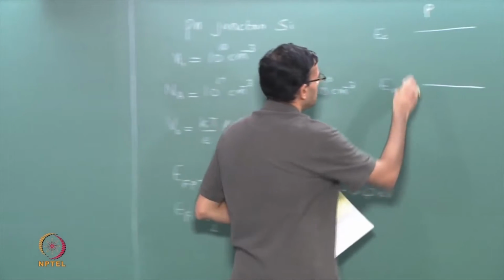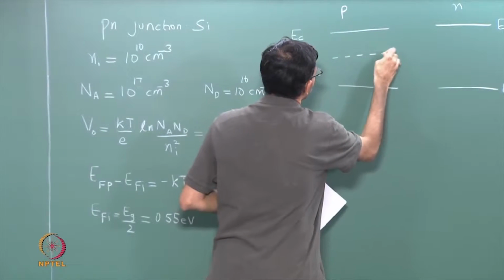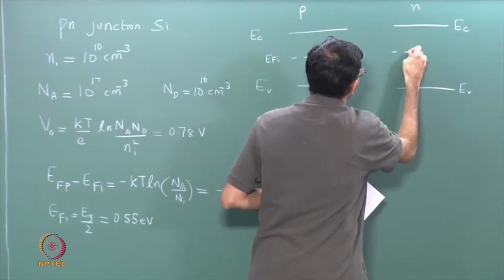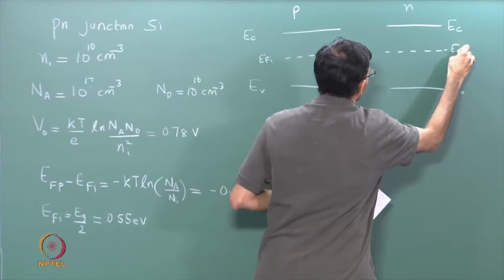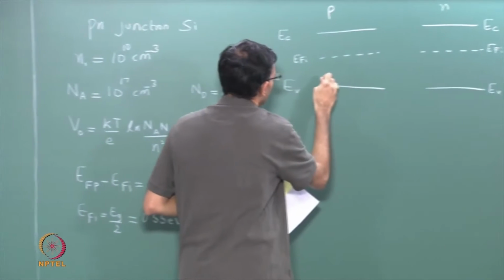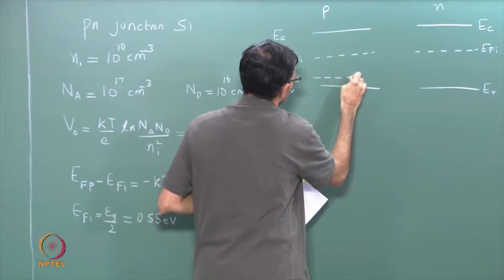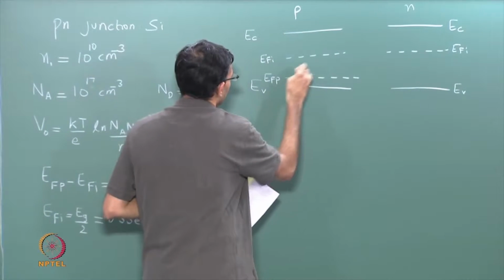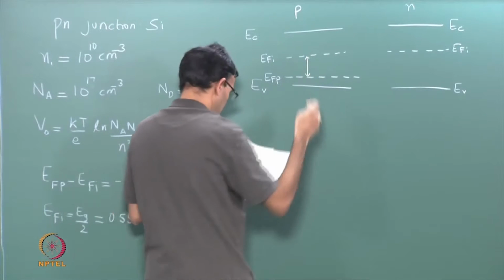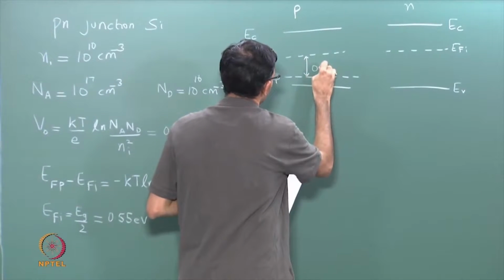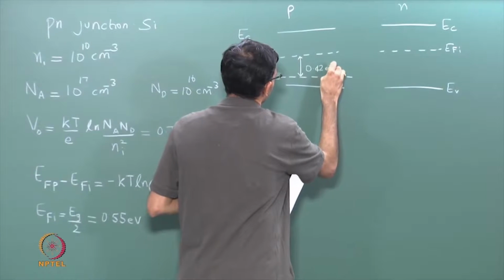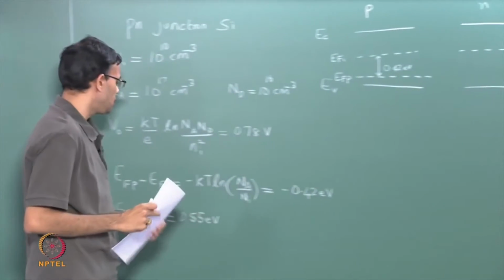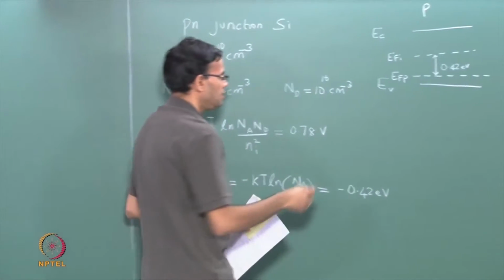So, if I mark it here, EFI is the center, and EFP, which is the Fermi level on the p type, is 0.42 electron volts below EFI.